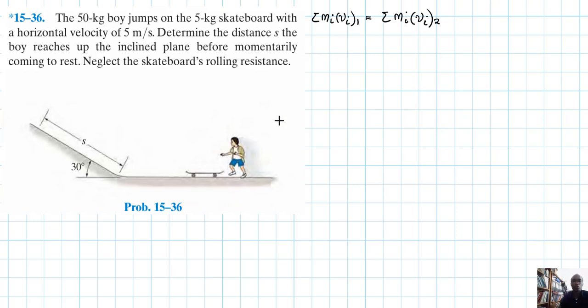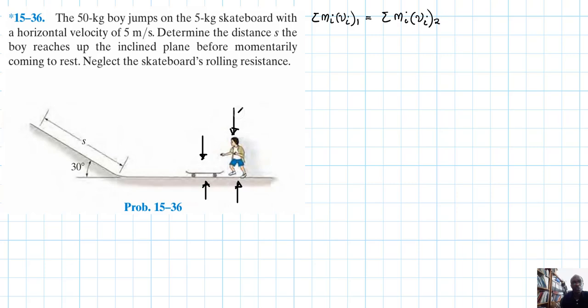Right. So what we have here is a boy, and the boy will have some weight as well as his normal force. We'll have the skateboard, which also has some weight and a normal force.